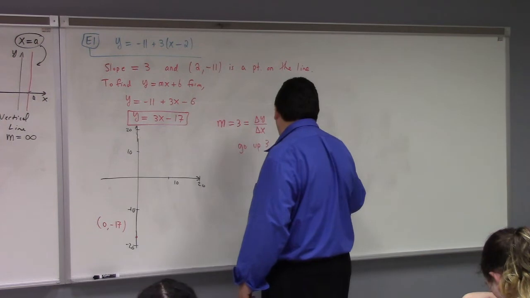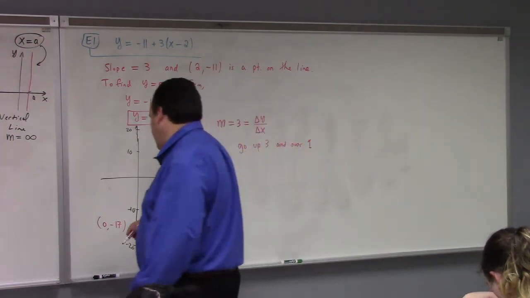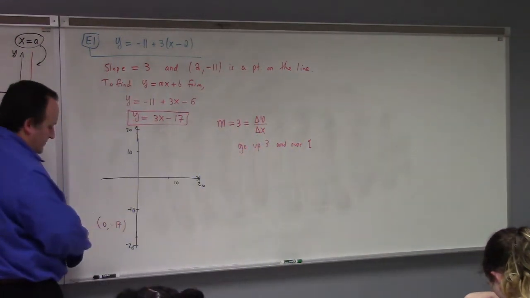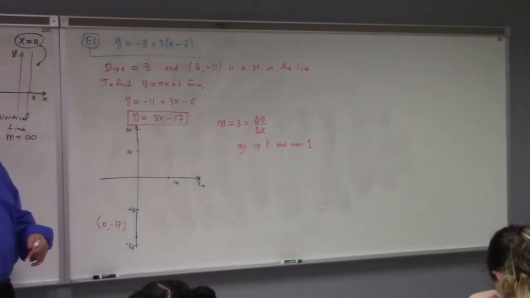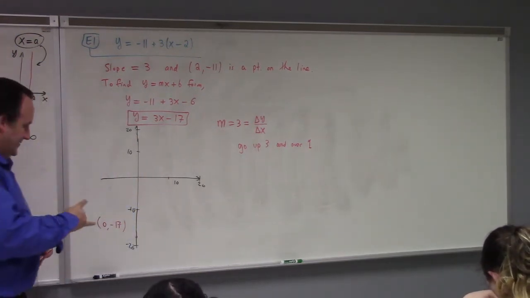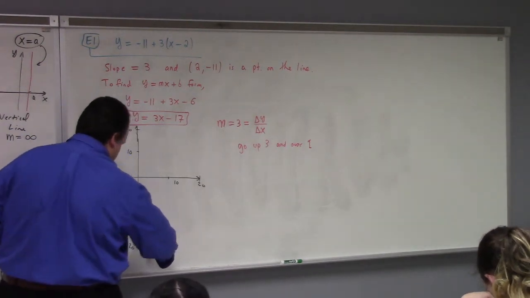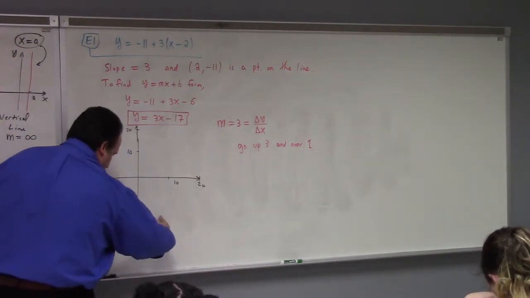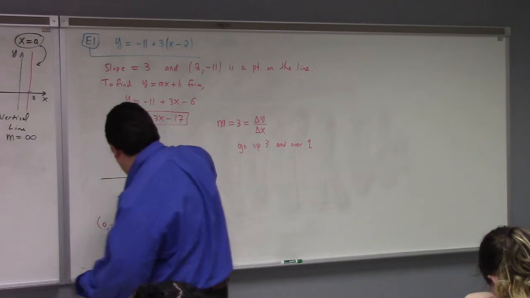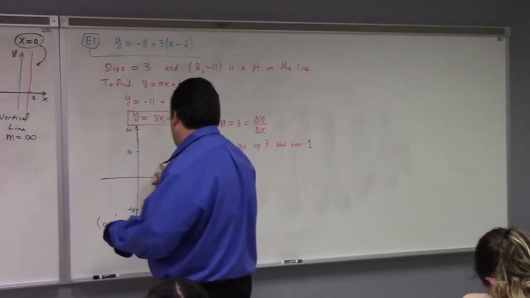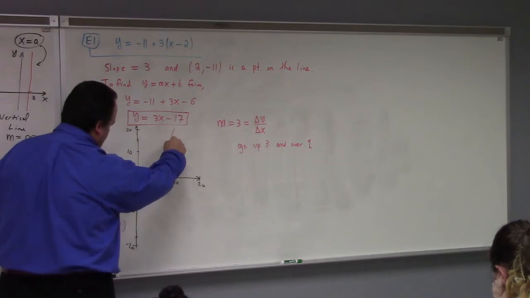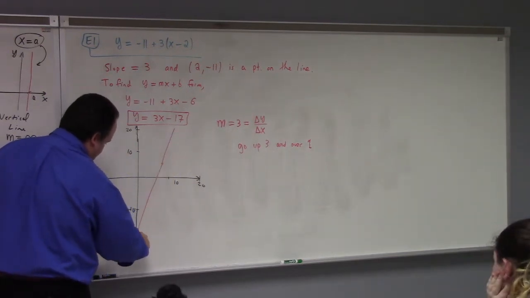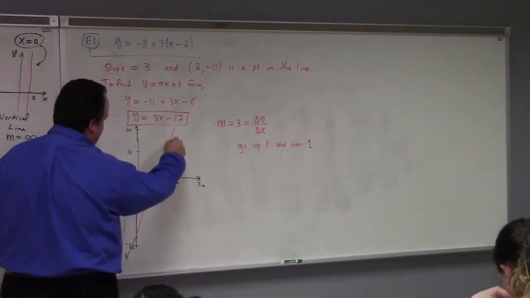If I'm starting at 0, minus 17, I go over 1, like this, and then up 3. Roughly speaking, very crudely. If you have a ruler, you can do better, obviously. But the line looks something like this, yeah?